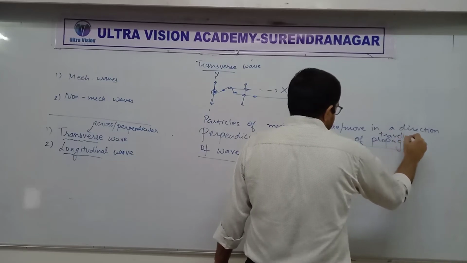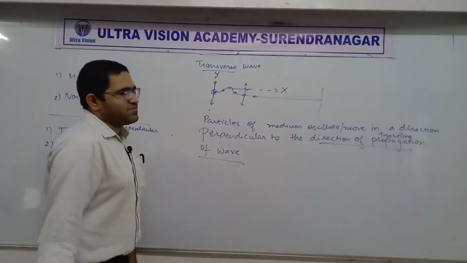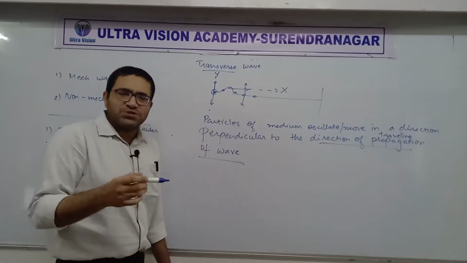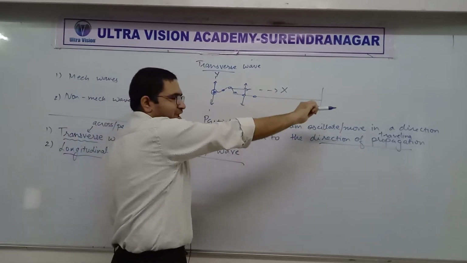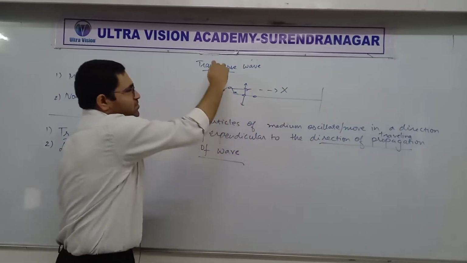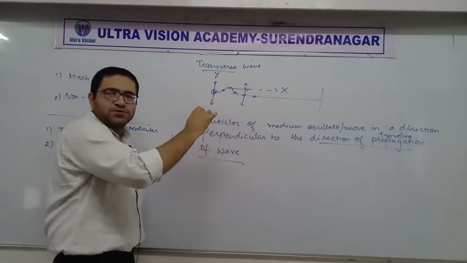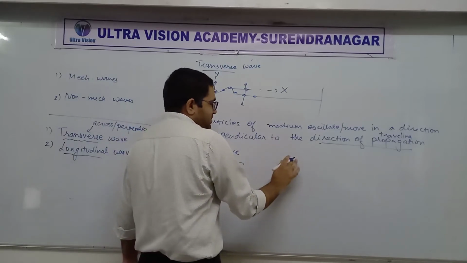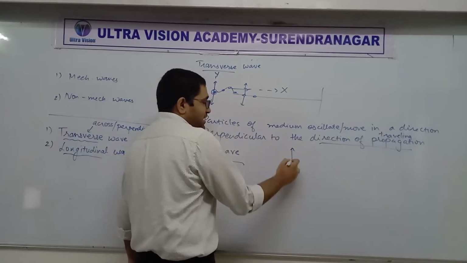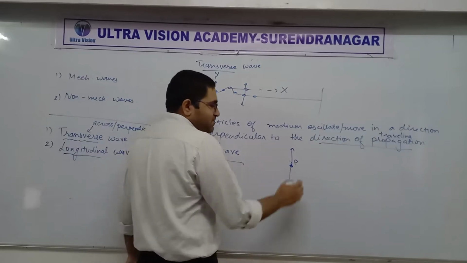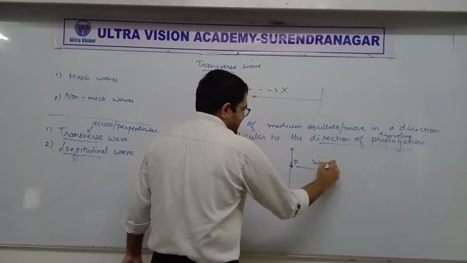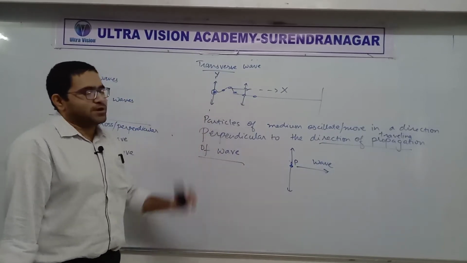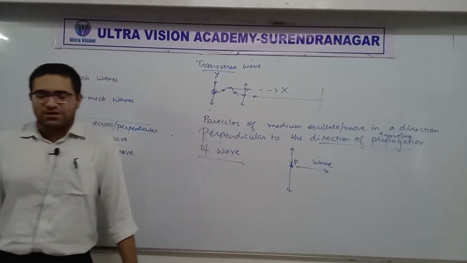So the wave, that pattern, that shape which we are seeing, is traveling in the x direction. But the particles, let's say P for particles, are moving in the y direction. You understand what I'm saying? So this is what a transverse wave is. Absolutely clear the meaning of transverse wave?